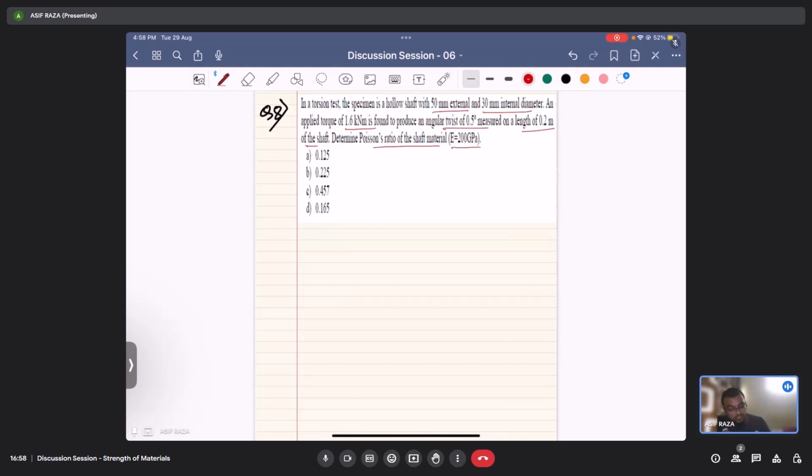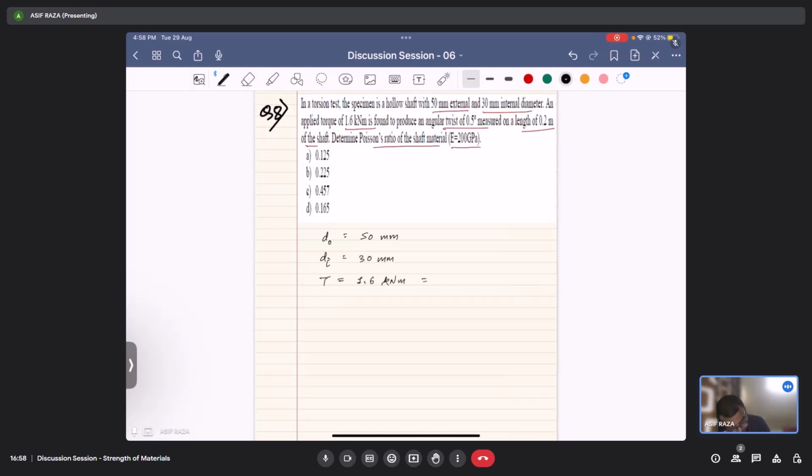So let us write the given values first. We are given the external dia, I'll just write DO as 50 mm, internal dia as 30 mm, and applied torque as 1.6 kilo Newton meter.